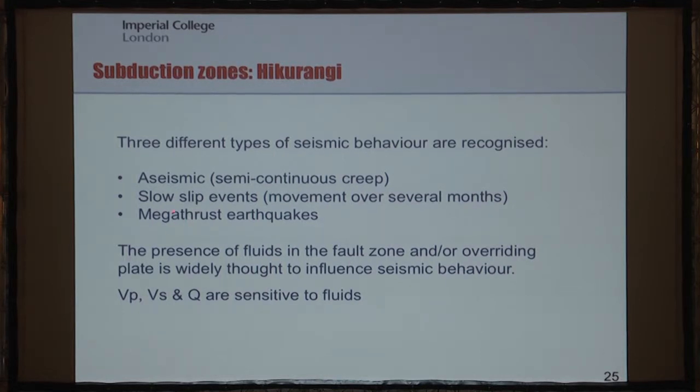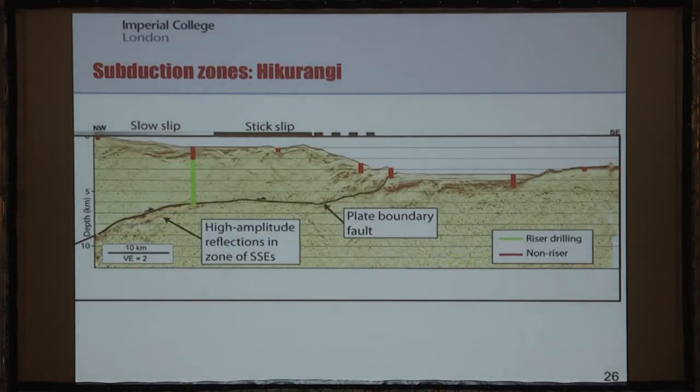It's thought most likely that the differences between these 3 are due to fluids and the properties of fluids in the fault zone between the overriding plate and the underriding plate, and of course seismic properties, VP-VS ratio, attenuation, perhaps the anisotropic parameters are all sensitive to the fluids, and this is a highly overpressured region deep in the earth. So seismics ought to be able to tell us something about that.